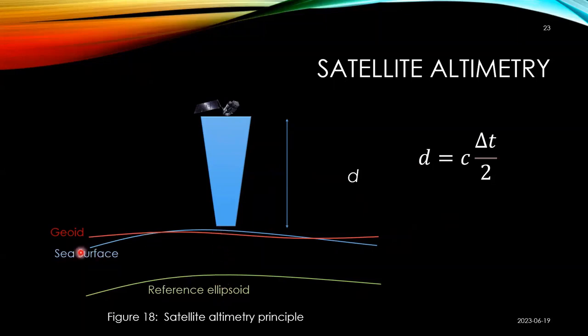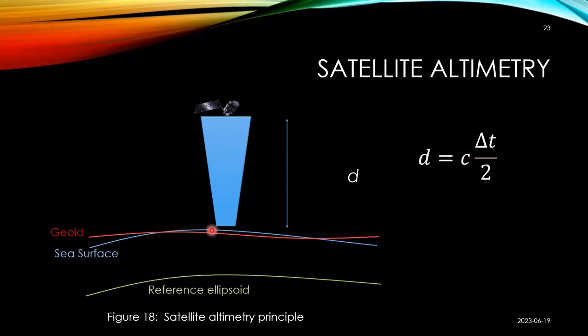However, we know that this sea surface does not coincide with the geoid. They have a small difference, which is called surface topography. This is important because surface topography will show in which direction the water moves. So we can determine the movement of the water over the ocean if we have a precise geoid model from another source, for example satellite gravimetry, and we measure the sea surface heights.